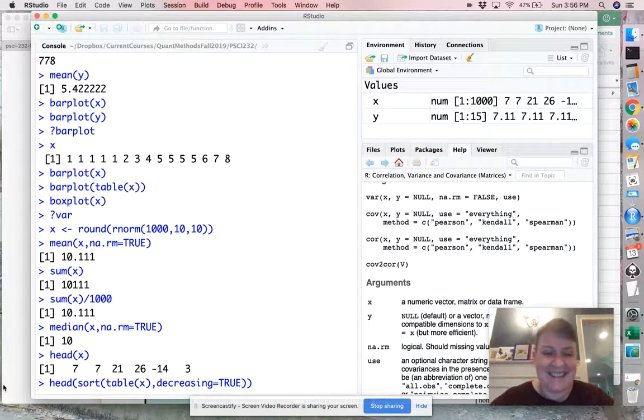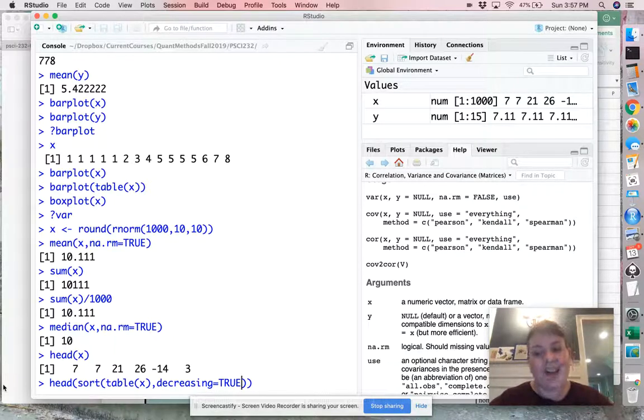That's what it does. And when we sort something, the default behavior is to sort from least to most. But what we want is to see the most common values. So we're going to sort that table. Decreasing equals true means start at the top.